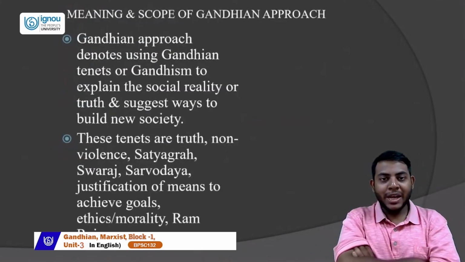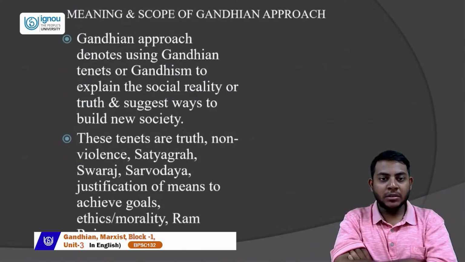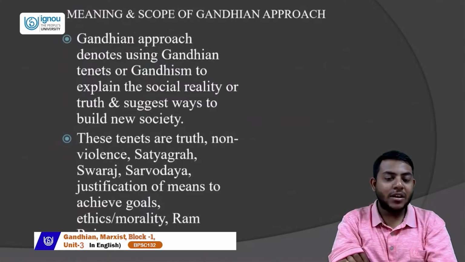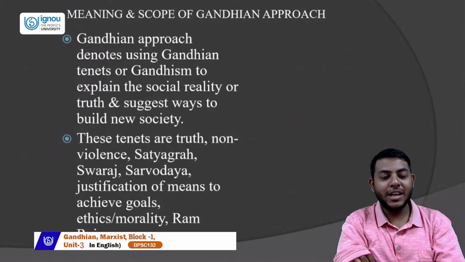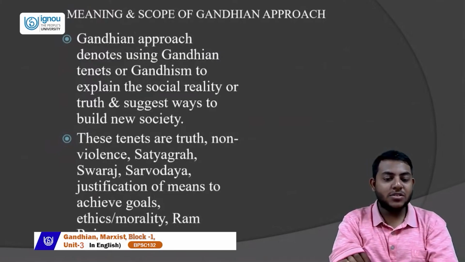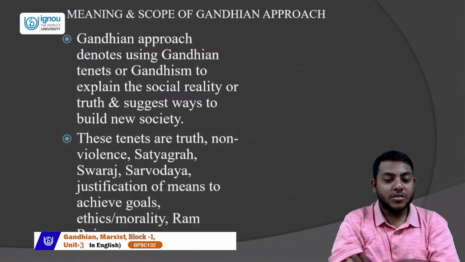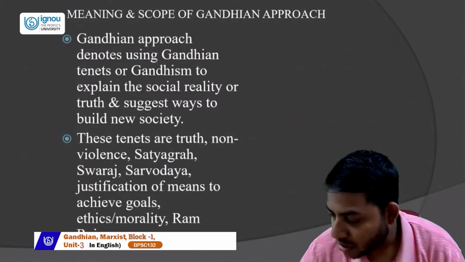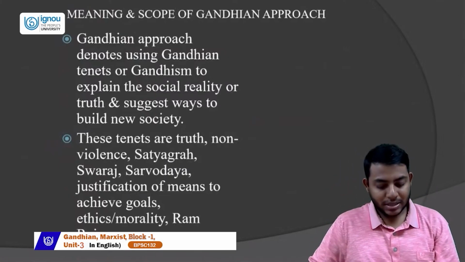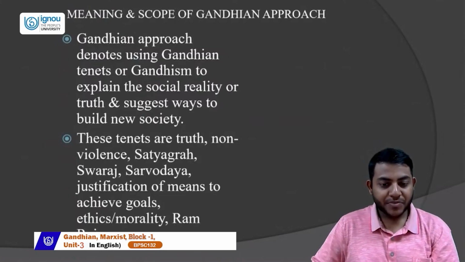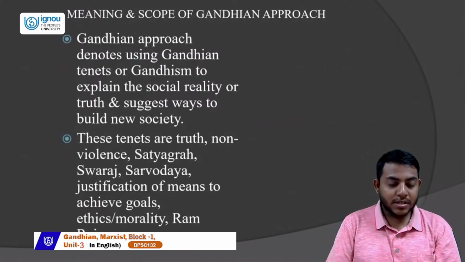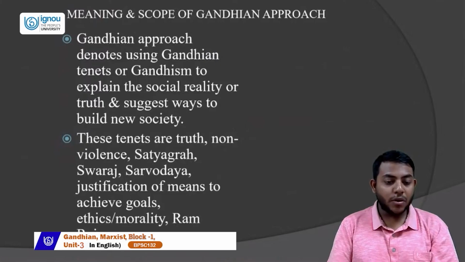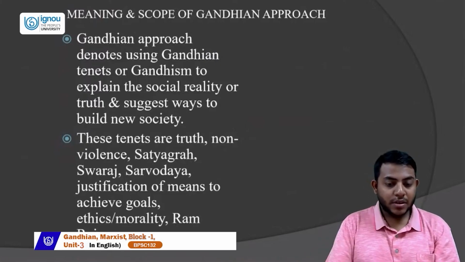Now let us discuss the meaning and scope of the Gandhian approach. So the Gandhian approach denotes using Gandhian tenets or Gandhism to explain the social reality or truth and suggest ways to build a new society. So these tenets are truth, non-violence, satyagraha, swaraj, sarvodaya, justification of means to achieve goals, ethics, morality, Ram Rajya.